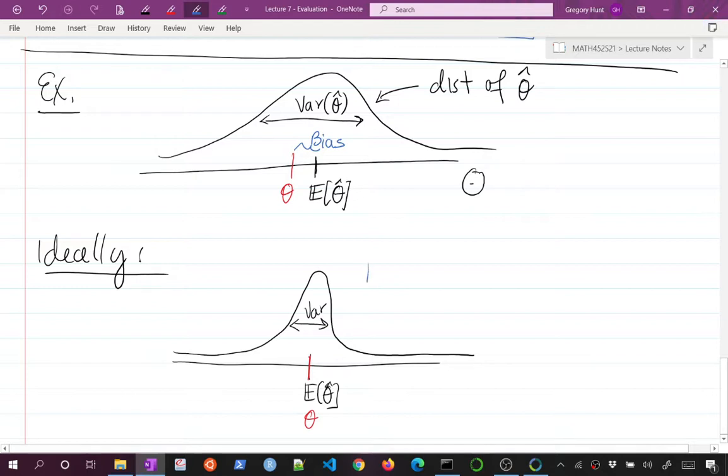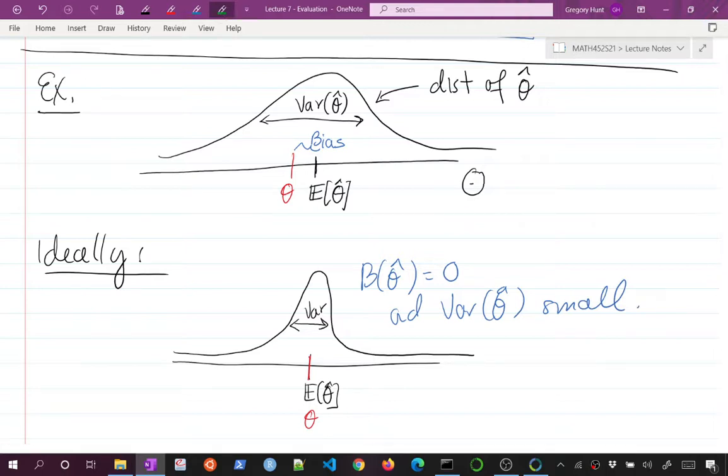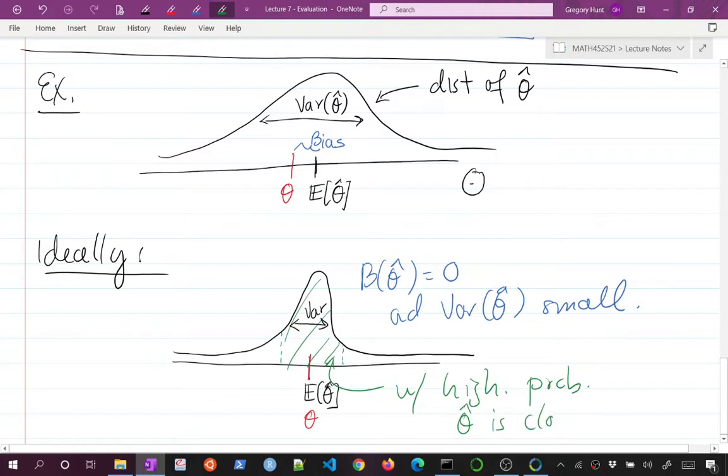So here the bias is 0, and the variance of theta hat is small. This is our ideal situation. What it tells me is that if I look at some interval around theta, with high probability theta hat is close to theta, which is a really nice thing to say. If I form an estimator, I want it to be close to what the truth is with high probability.